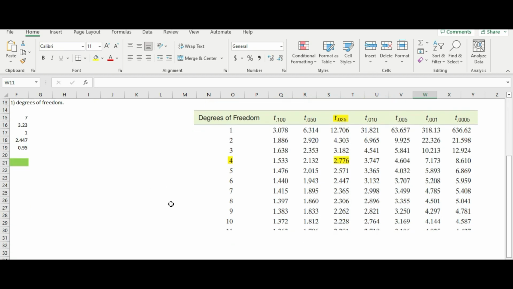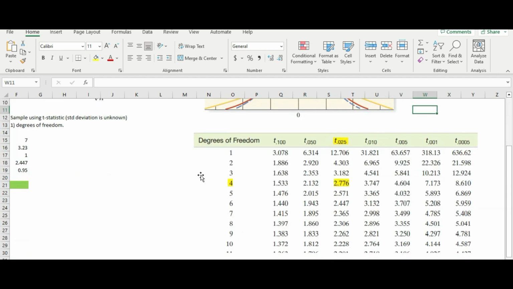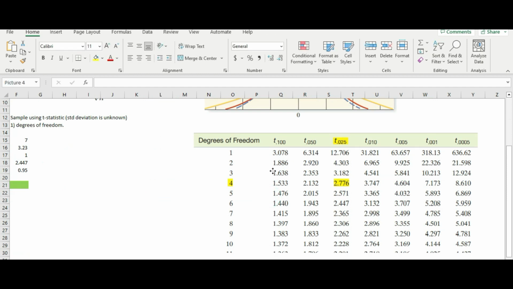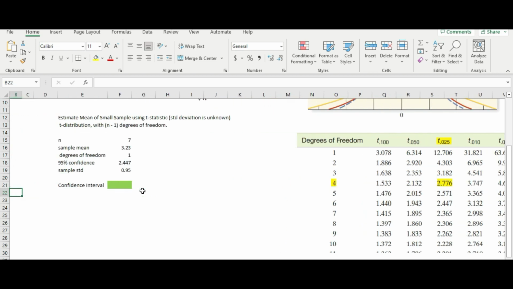Anything with 30 samples or less, we will use the t-values, and we will always use the degrees of freedom, which is the sample size minus 1. Since we are dealing with one population, n is 7.